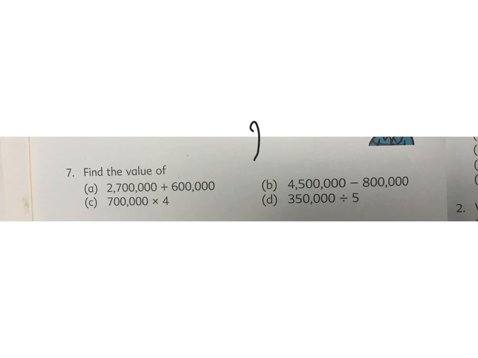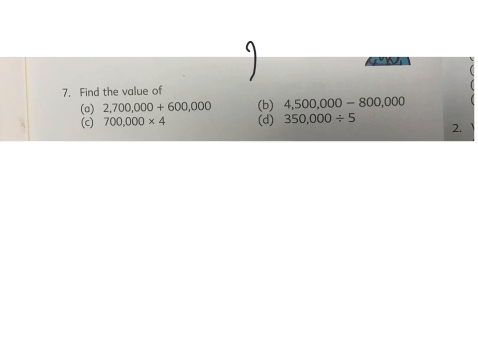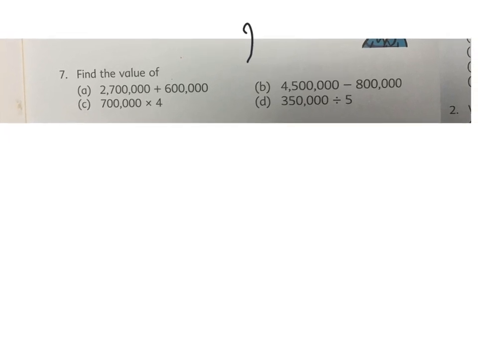So today the only thing we're really having you do is try to get a number sense. Ways to say different numbers could be 27 hundred thousands, or 2,700,000, plus 6 hundred thousands, 600,000.